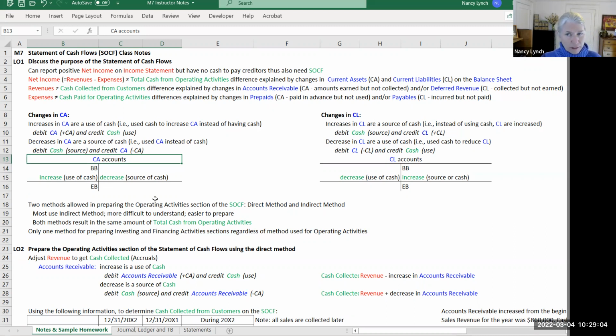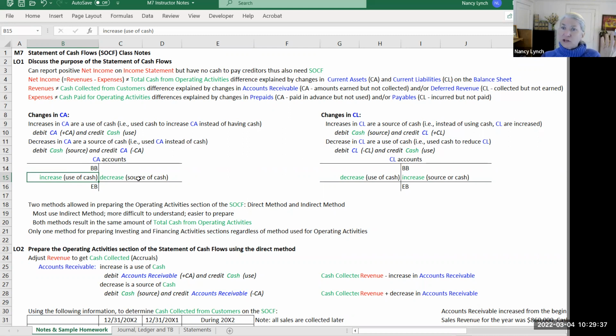In general, if you have an increase in current assets, that means you have some other current asset instead of cash. Or you could have had cash, but instead you have accounts receivable, or if we're talking about expenses, supplies, inventory, prepaids. Those used cash indirectly. You could have had more cash, instead you have more of those. And then the opposite is a source.